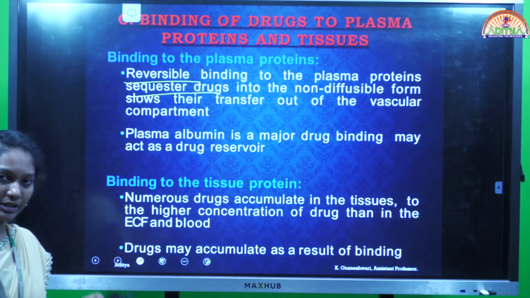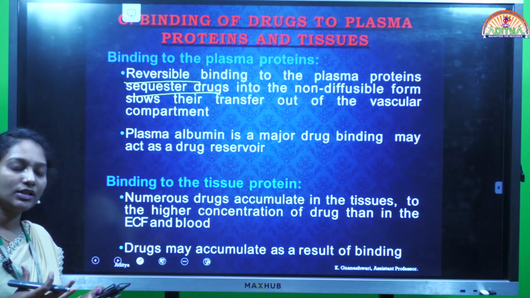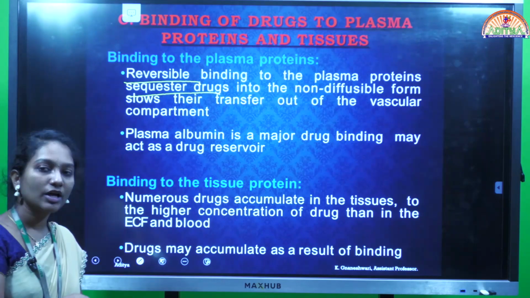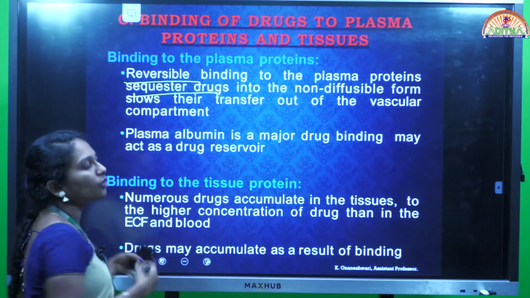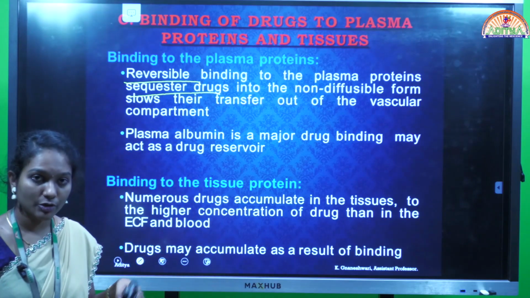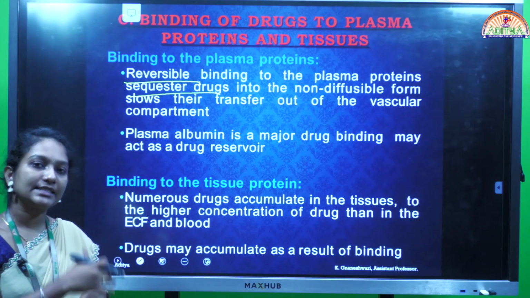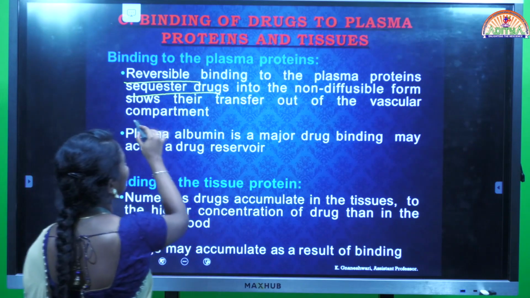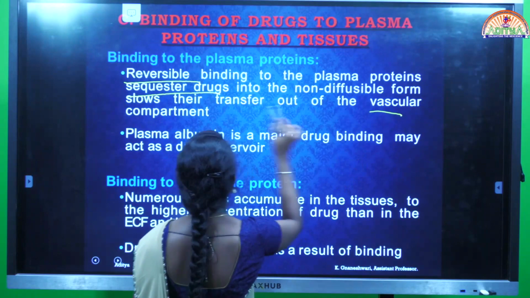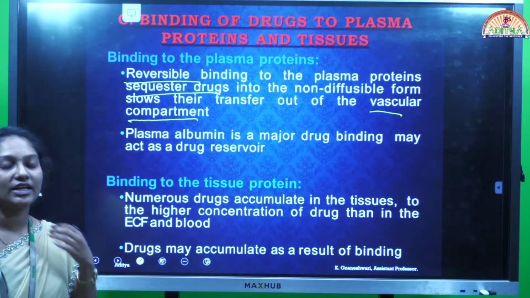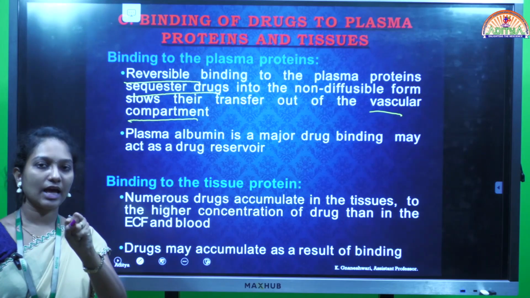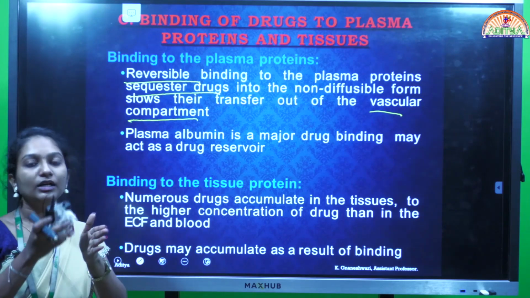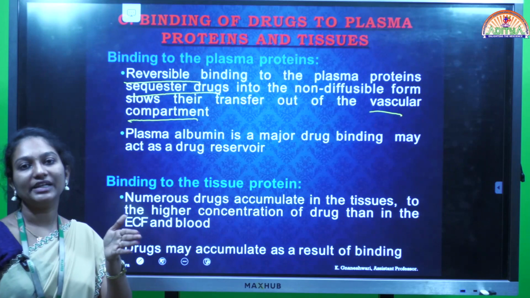Once the drug is distributed, it will either bind or hide within non-diffusible forms. Just as a non-diffusible form, the drug will get sequestered or bound up within the various compartments. Once the drug is bound, it is not completely available now.